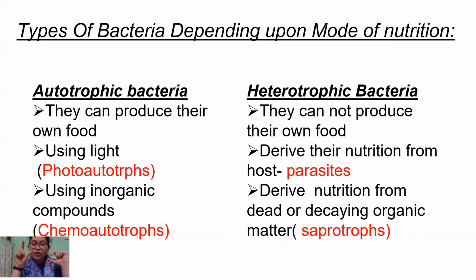Saprotrophs also belong to the category of heterotrophic bacteria, and they derive nutrition from dead and decaying organic matter. So heterotrophic bacteria are again of 2 types: number one is parasitic bacteria and second is saprotrophic bacteria.